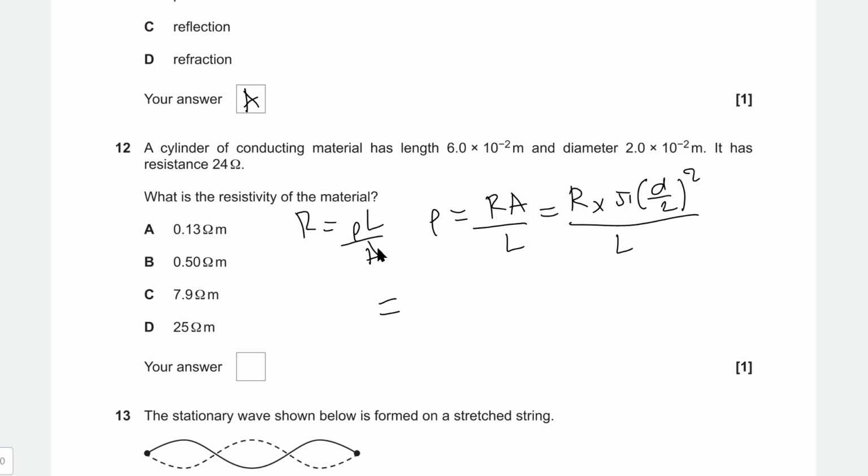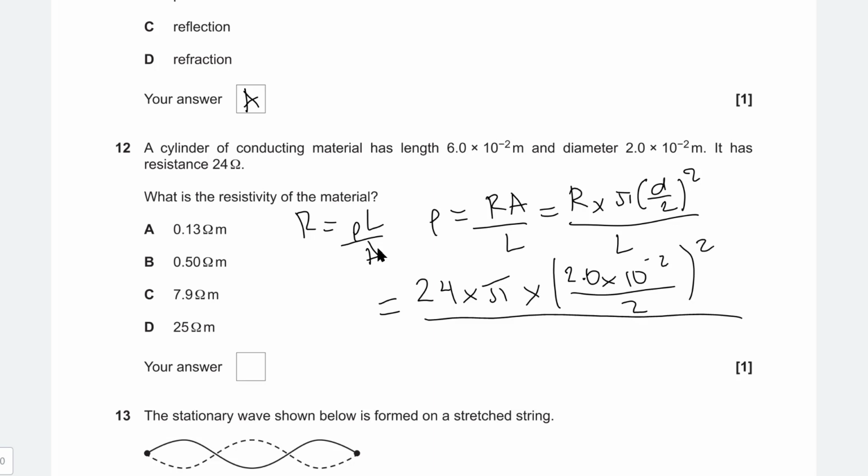Let's plug in some numbers. So it's going to be 24 times pi. Once again, these should be done on the calculator. I'm only writing them out just to showcase, because otherwise I'll just be talking. Diameter is 2.0 times 10 to the power of minus 2, divided by 2, squared. And let's divide that by the length, which is 6.0 times 10 to the power of minus 2. Okay, let's put some stuff into a calculator.